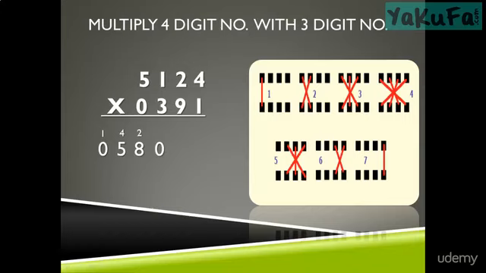Ignore the first two terms and just consider the next three. 1 plus 12 is 13 plus 18 is 31, 3 carry 1 below.